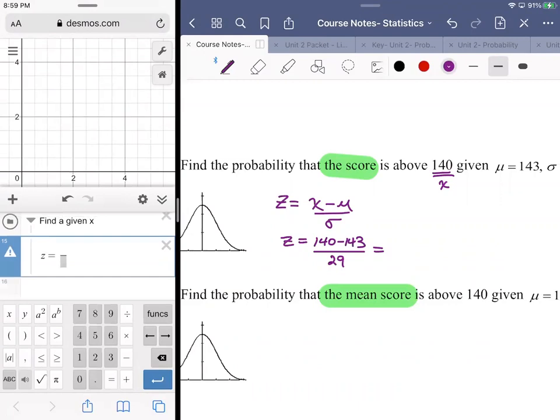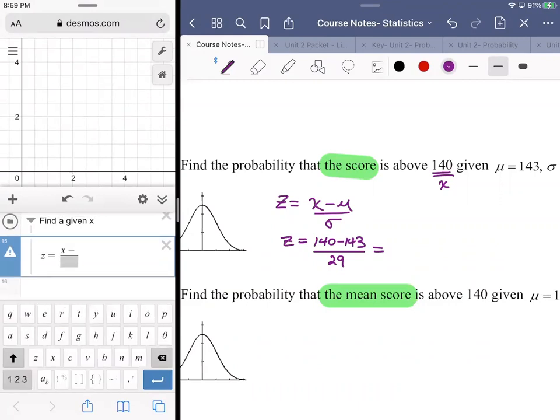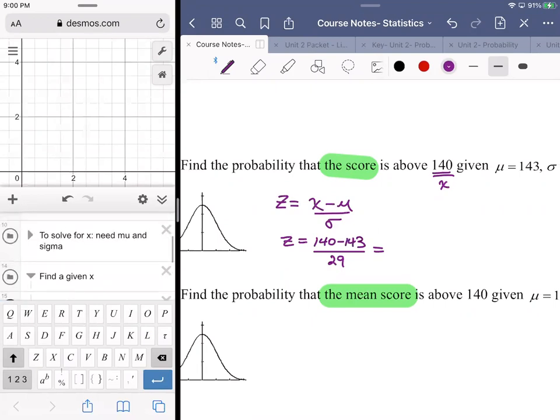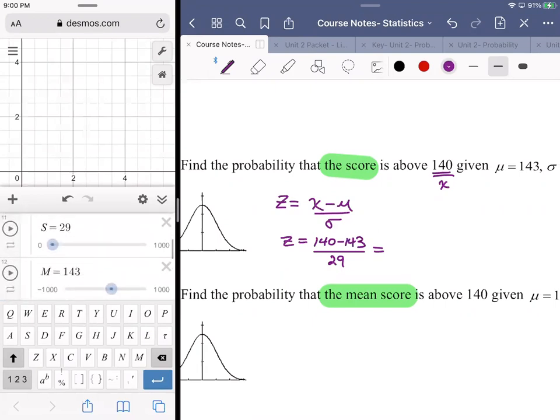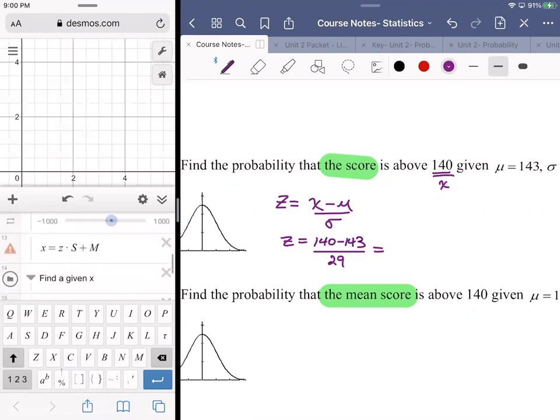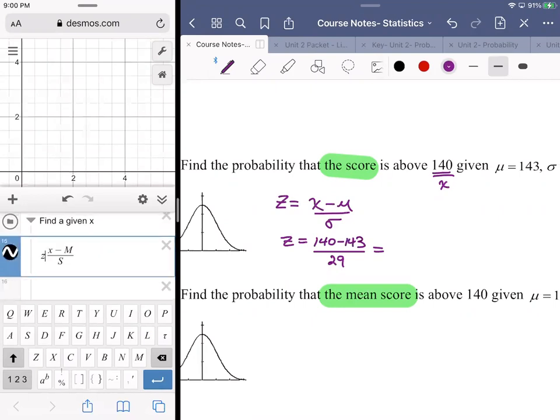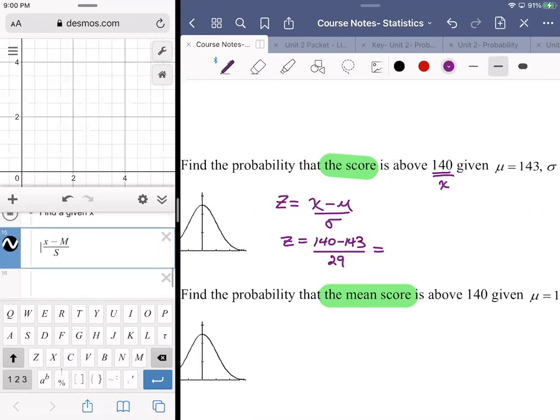It would be x minus mu over sigma. All right. But then you would just have to know to call back on a previous mu and sigma, 143 and 29, so we're good there. The thing is that since I already used the z, it's confused. So what I can do is I could just get that out of there.